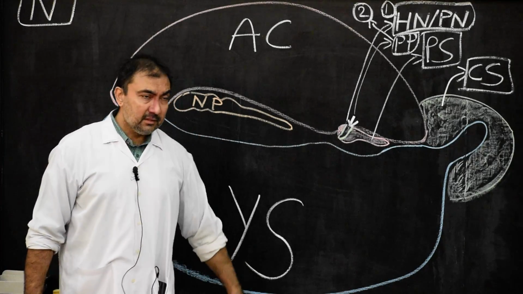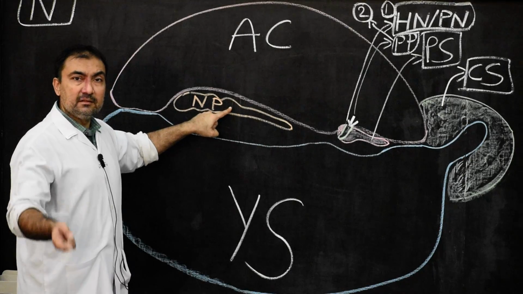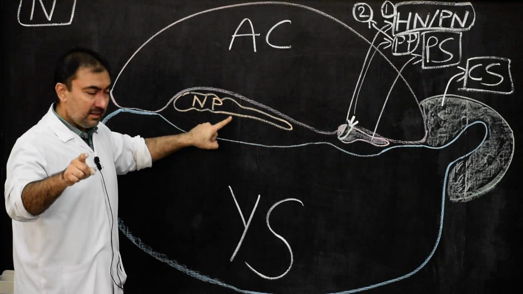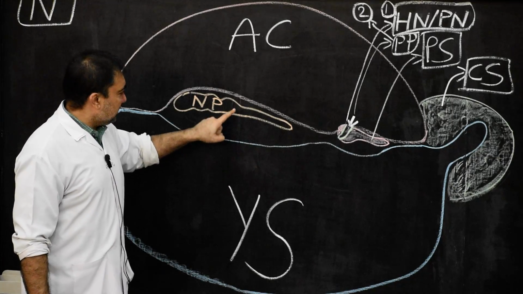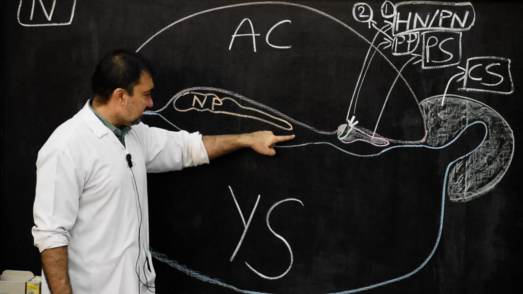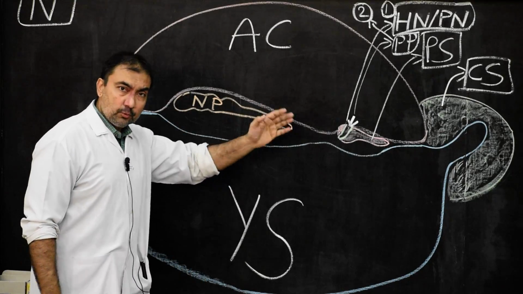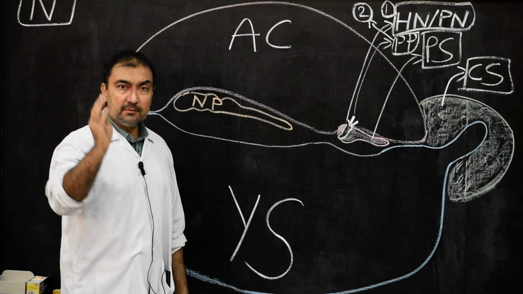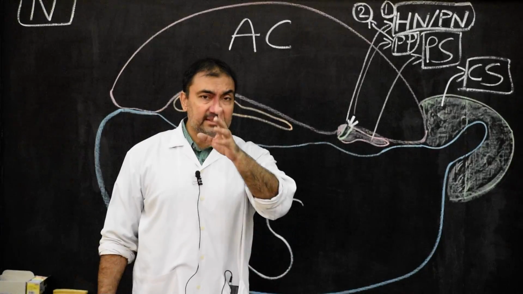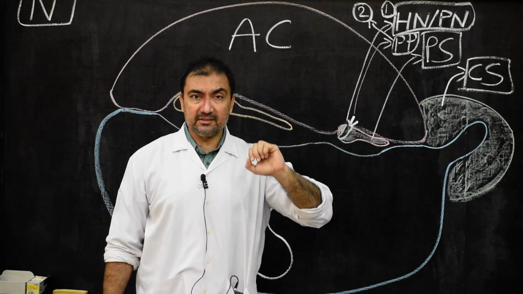In between, what is this? Neural plate. And what is this? Endoderm. So in between the neural plate and endoderm, in the central midline axis towards the cephalic side of the embryo, these cells will migrate. These cells are called the cord of cells.